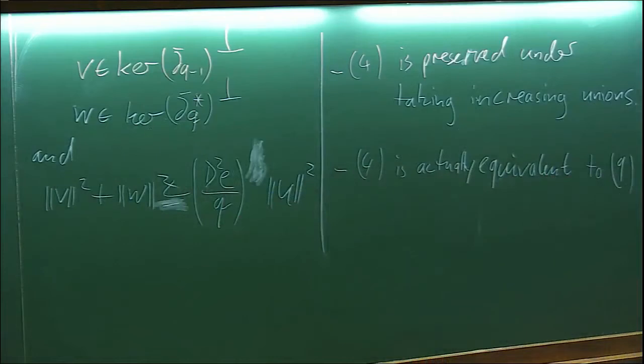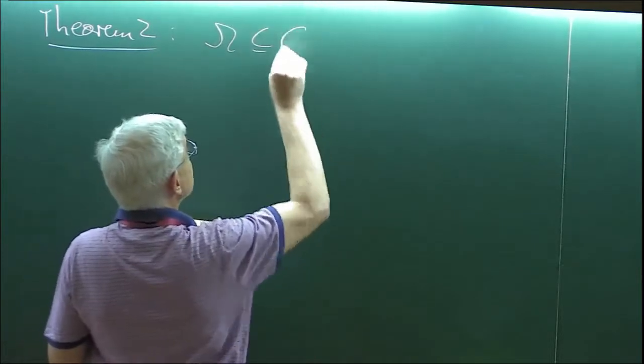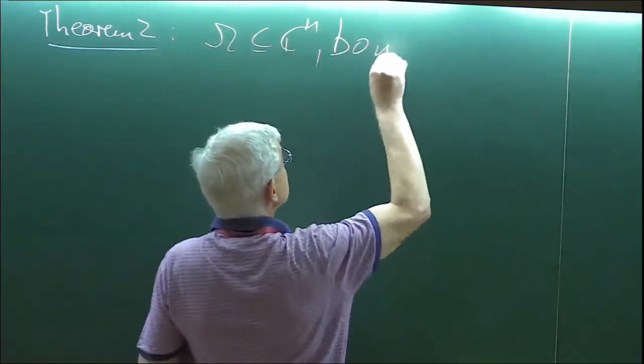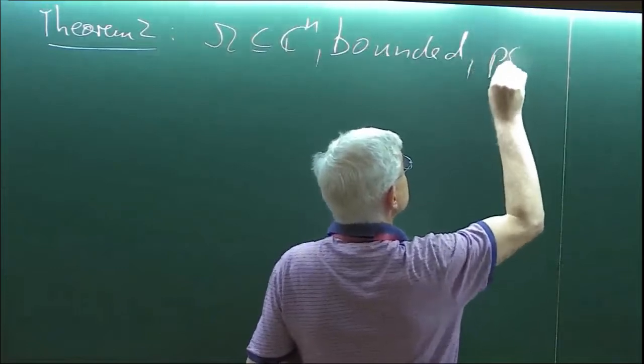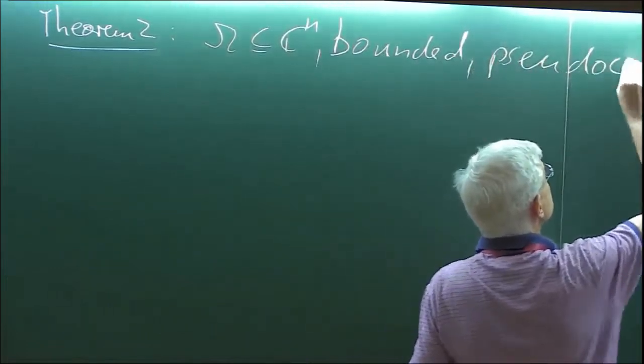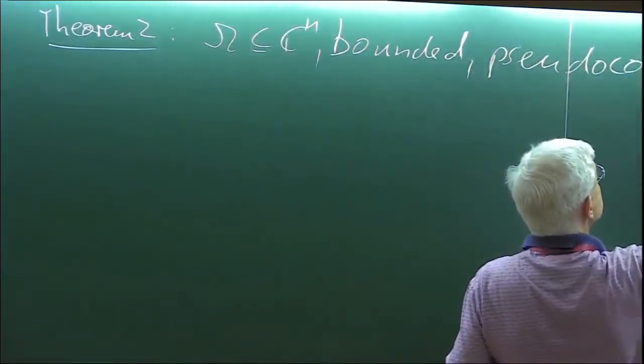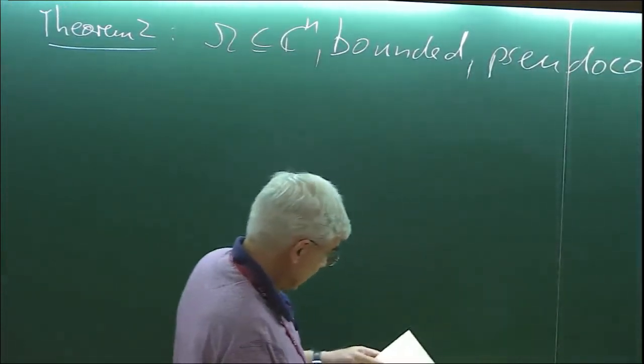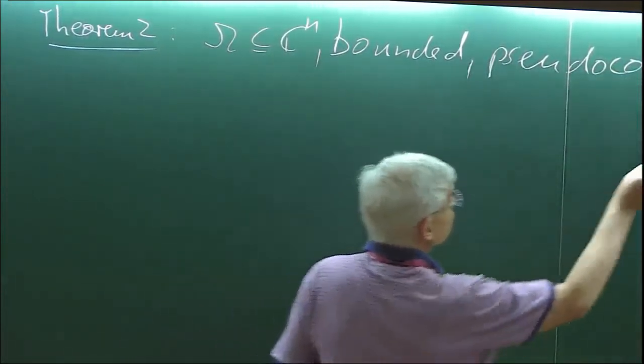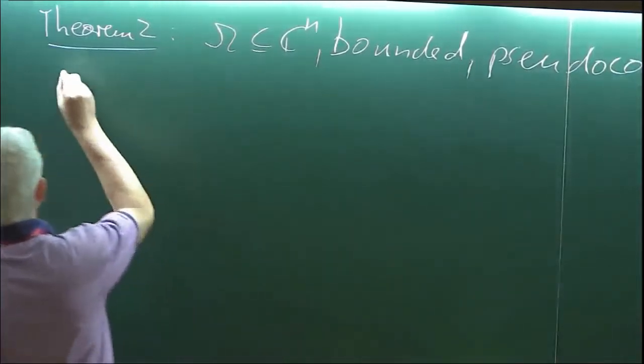Let me formulate this as a theorem at long last. Theorem 2. Omega in Cn is bounded pseudoconvex with diameter d.